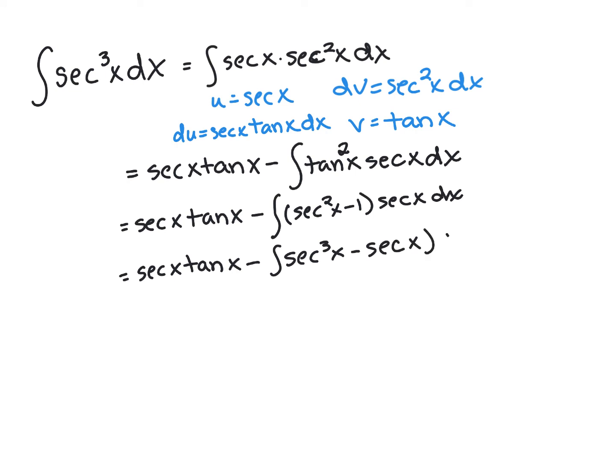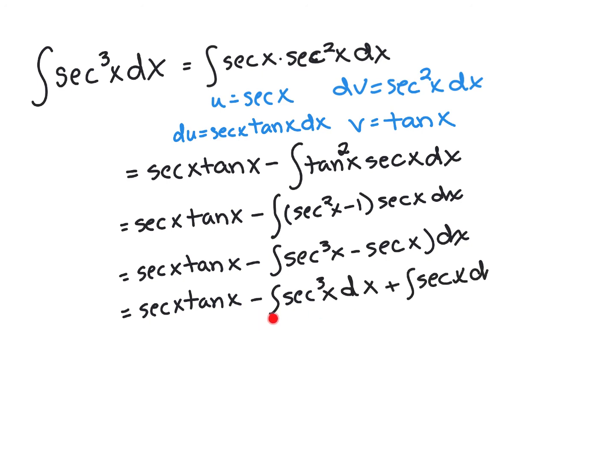And we can split those integrals up. Notice that I have secant cubed on the left and I have secant cubed on the right with a negative. Splitting those integrals up so we can see what we have. I'm going to do the wraparound thing by adding this to both sides of the equal sign.